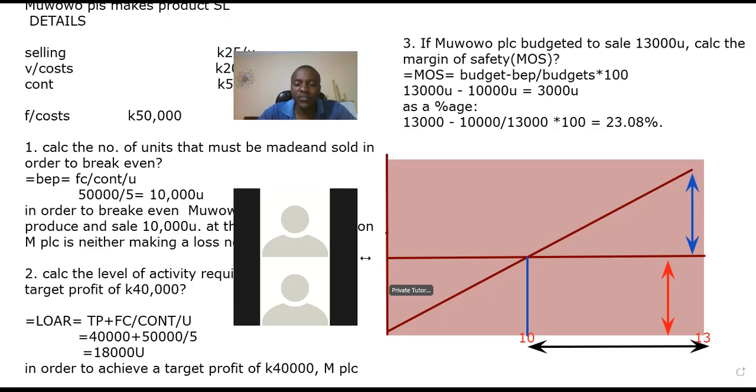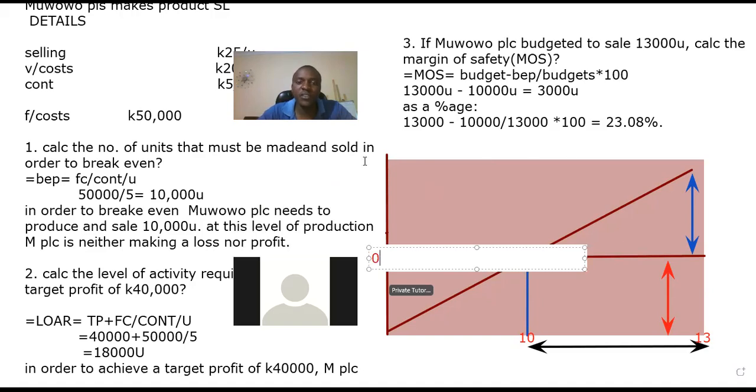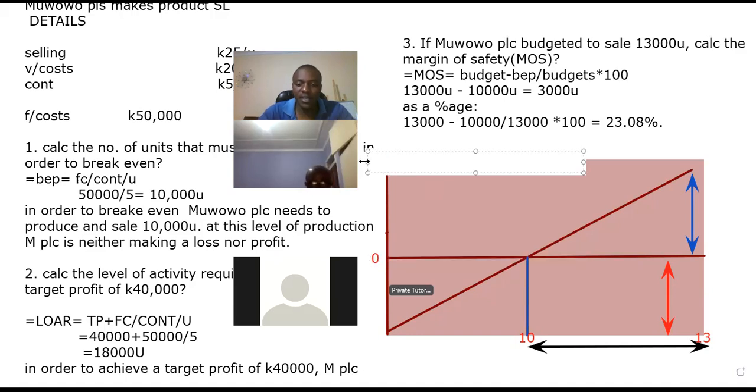That's the starting point, that's the point 0. Then this axis represents money. Let's say we can put money in thousands.